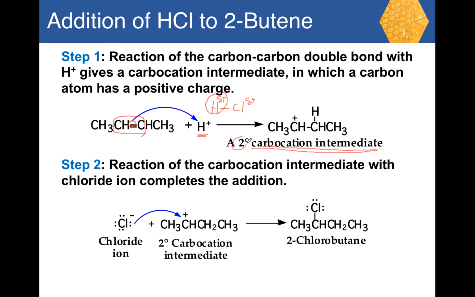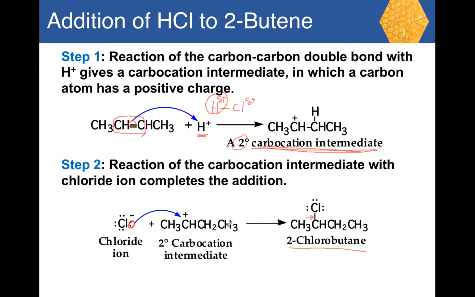Don't worry too much about the secondary. It is a carbocation intermediate, not the product, but an intermediate. In the next step, the chloride, two electrons, bond to the positive. Remember, electrons are negative, and here we have a carbocation which is positive. So here we form this bond, and that is our product.